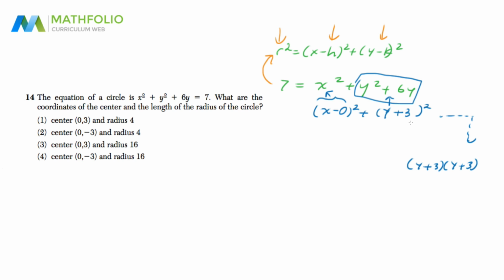So if I FOIL this out, I've got y times y, which is y squared, y times plus 3, which is plus 3y. I've got 3 times y, which is another plus 3y. Now together, that gives us a 6y, which we have over here. But we have this additional plus 3 times 3, which is 9.